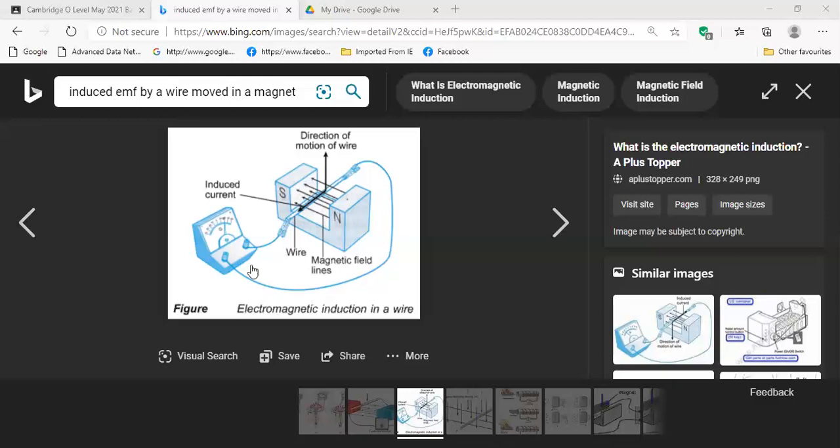Please draw this diagram now. Then label everything and also write electromagnetic induction in a wire.